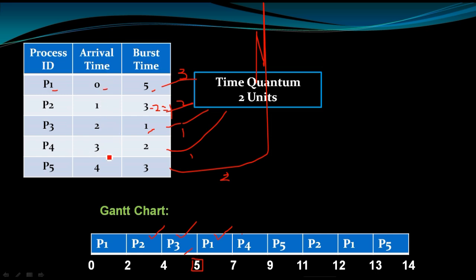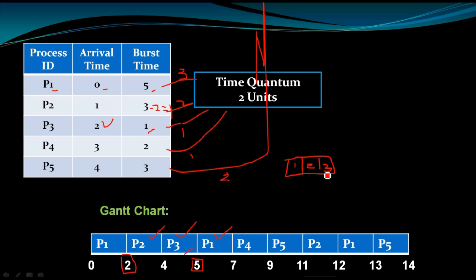Let us go back: at the time of 2 nanoseconds, in the ready queue we had P1, P2, and P3.